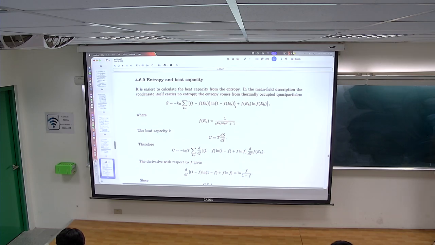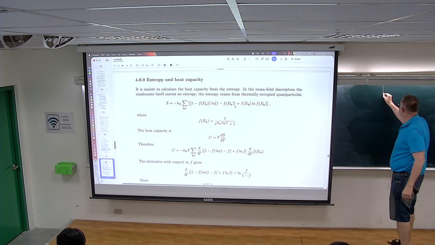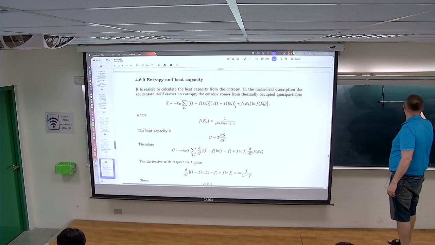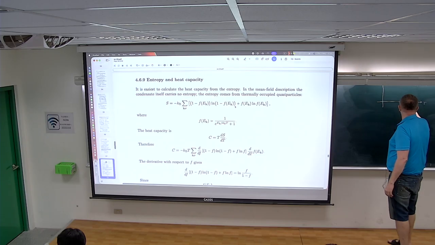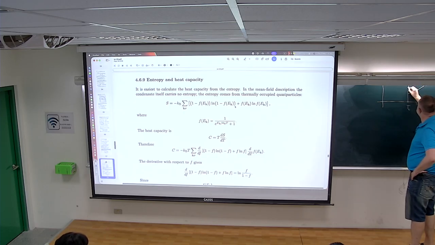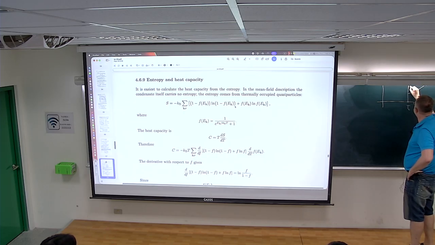So the experimental measurements show the following picture: if you measure the heat capacity as a function of the temperature T, then at the critical temperature you see the following. Below the critical temperature, the heat capacity goes roughly like that, and at the critical temperature you have a jump, and then it goes on somehow.